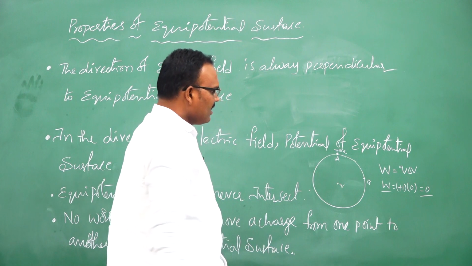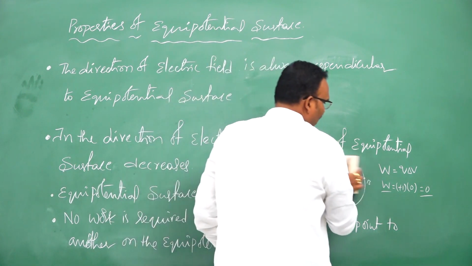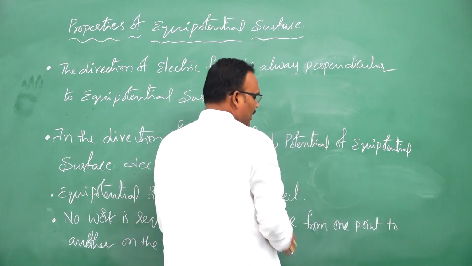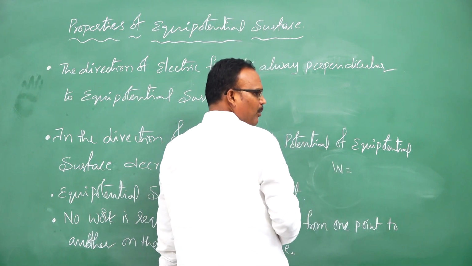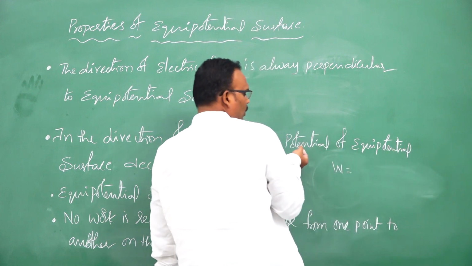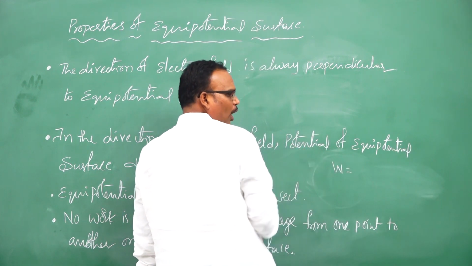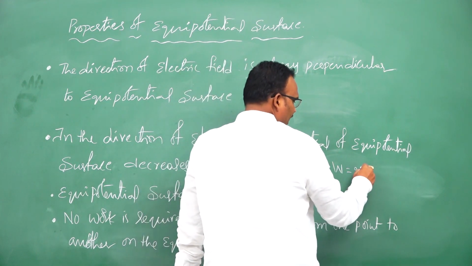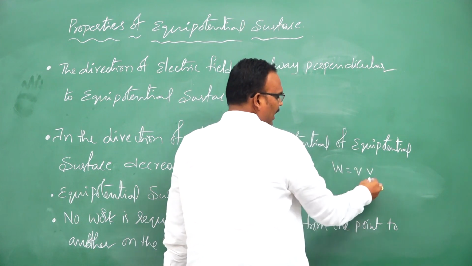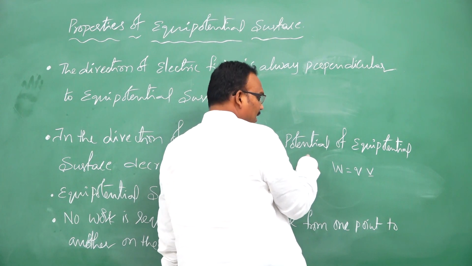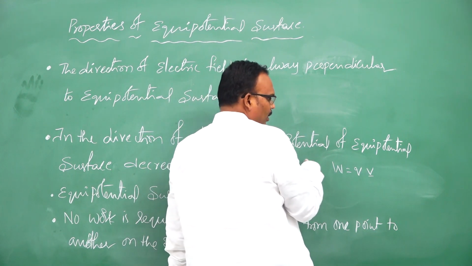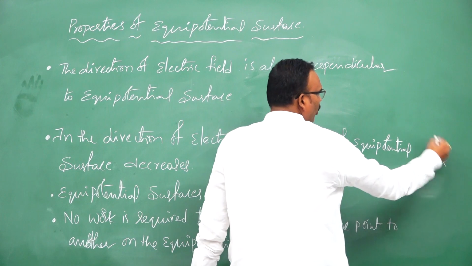That means we need not do any work to move a charge from one point to another point on the equipotential surface. See, we have learned previously, work done in bringing a unit positive charge from infinity to that point is called potential at that point. There we have written W is equal to QV. Here V is potential, but that is also a difference because potential at infinity is 0.